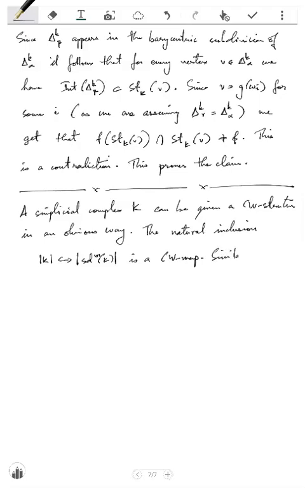And similarly, a simplicial map induces a CW map on the obvious CW structures.